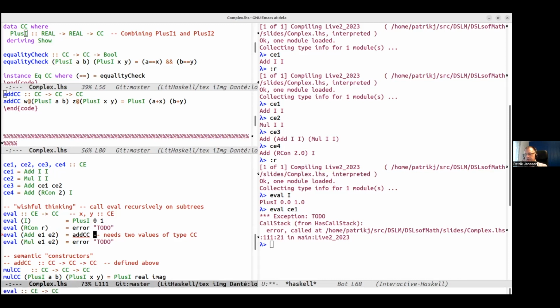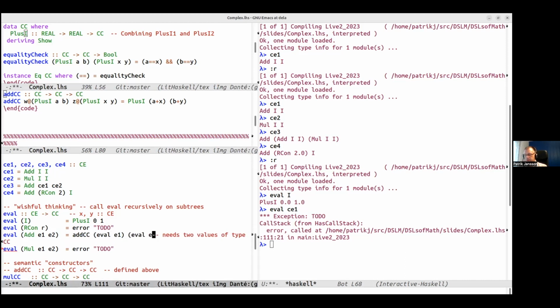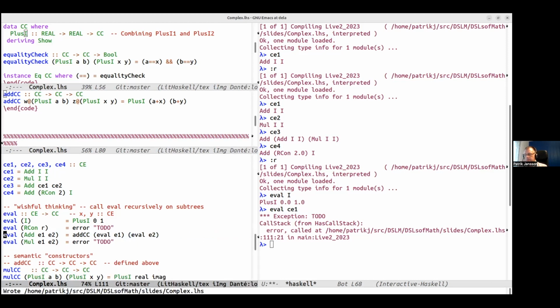So how do I get a value of type CC? Well, we can call ourselves recursively. We can evaluate E1 and we can evaluate E2. So if we recursively go through this syntax tree and evaluate the first component, and we evaluate the second component, those will be 2 CC values, and they can be added using addCC.